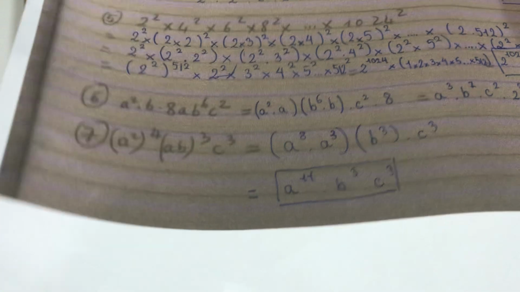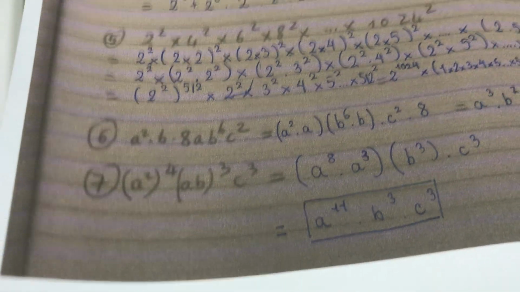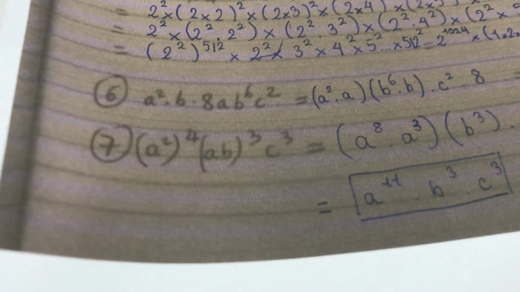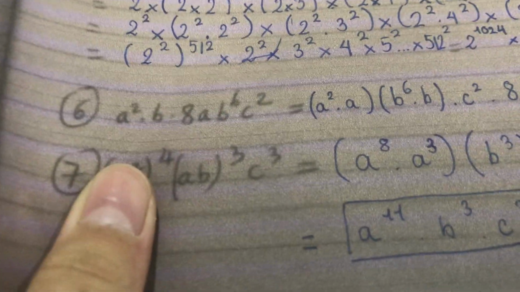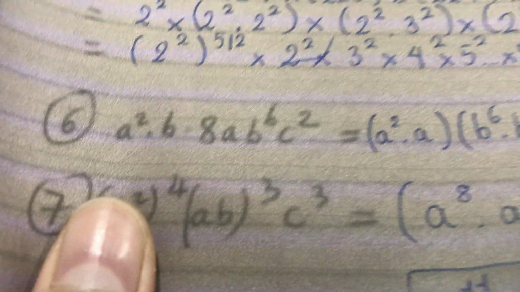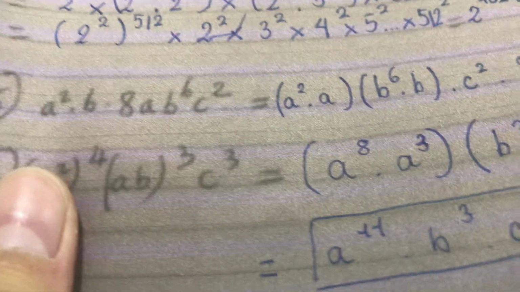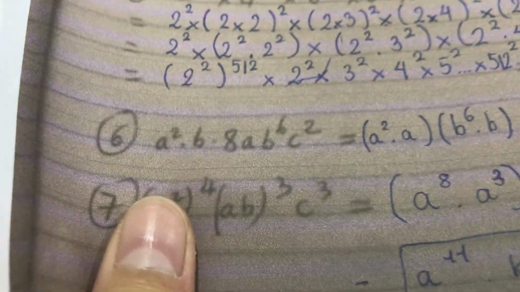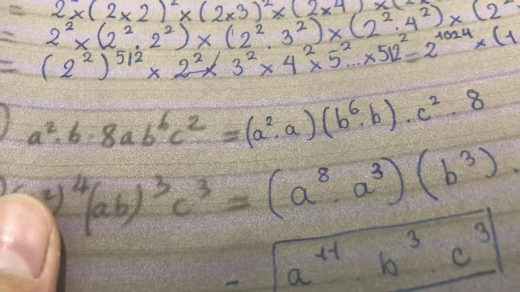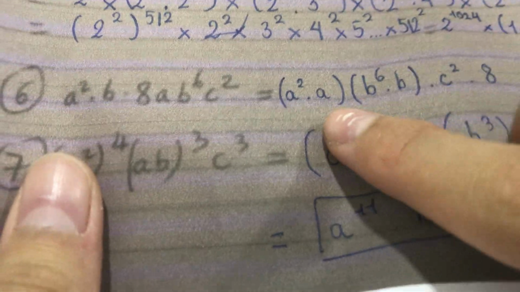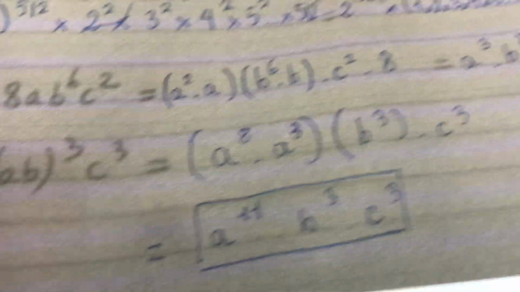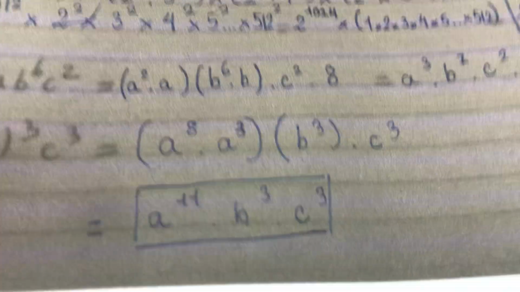Problem number 6. Well, problems number 6 and 7 are very easy. They're similar. We'll just find those numbers. For example, a squared times b times 8ab to the power of 6 times c to the power of 2 will equal a times a times a, which will equal a to the power of 3, because this is a to the power of 1, and a to the power of 2 times a to the power of 1 is a to the power of 3.